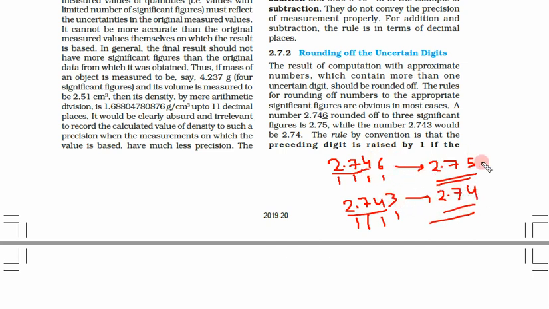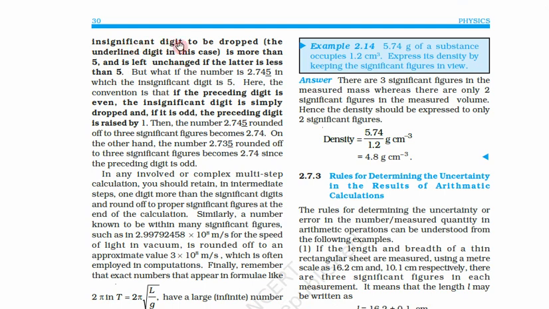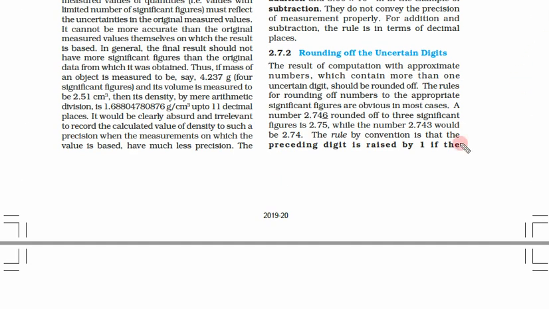But what have we done in this case? Let us understand this. The rule by convention is that the preceding digit is raised by 1 if the insignificant digit to be dropped is more than 5, and is left unchanged if the latter is less than 5. Let us understand with these numbers. Suppose this is our scale.